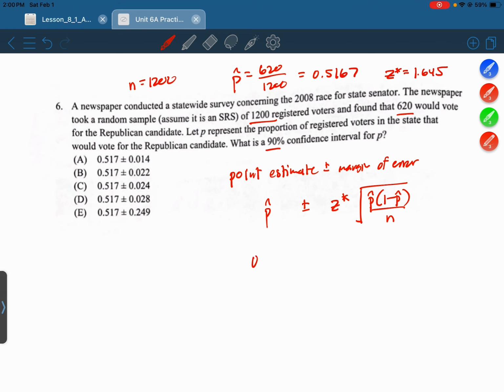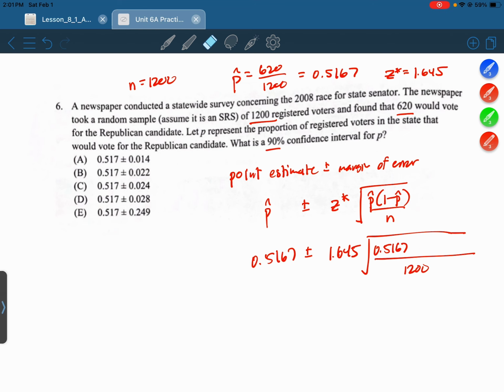So 0.5167 plus or minus 1.645 times the square root of 0.5167 times 1 minus that, which would be 0.4833, divided by 1,200.